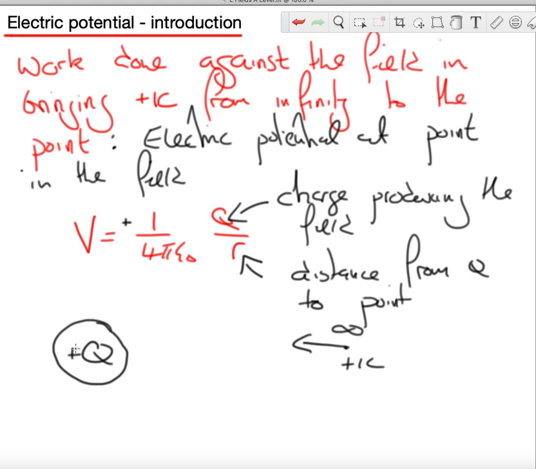However, if this was negative, the field would do the work, and so the potential will be negative.